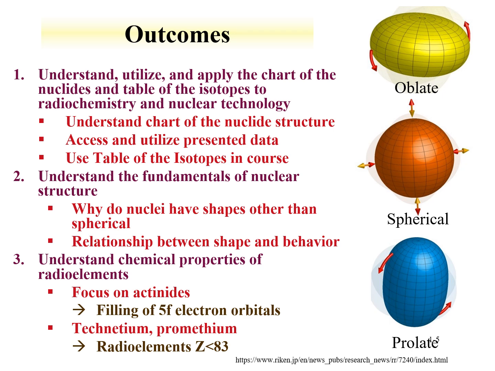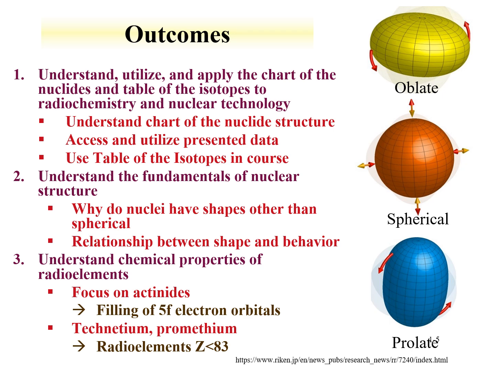Another thing the students should understand is the structure of the nucleus. Often in chemistry, we ignore the nucleus, but within this course, we do want to investigate the fact that the nucleus has structure. Here, there's an example of oblate, spherical, and prolate nuclei, and we will discuss within the course how this structure is understood and what's the relationship between the shape of the nucleus and some behaviors that are observed.